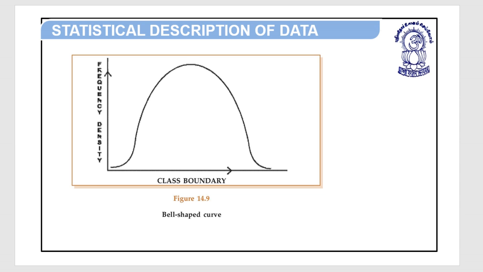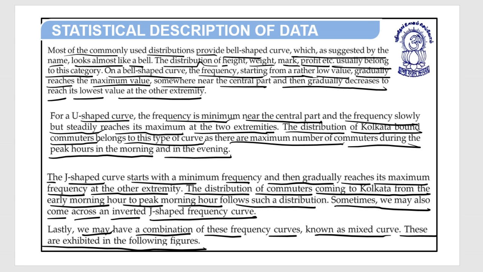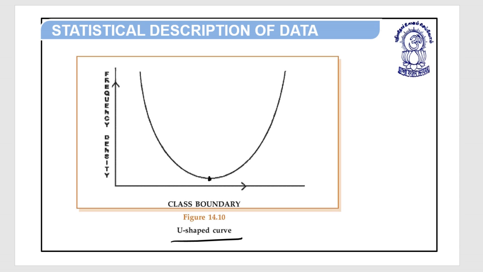First, the bell-shaped curve. Frequency density versus class boundary. The shape becomes like a bell. U-shaped curve. Here in the U shape the frequency is minimum near the central part.